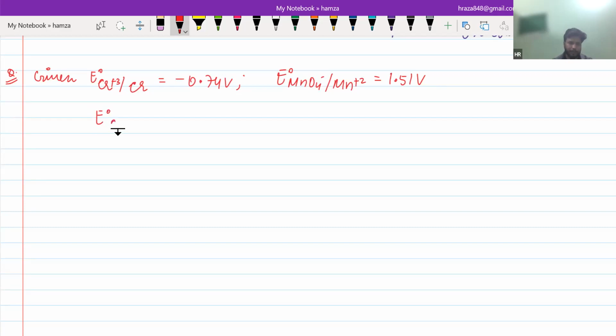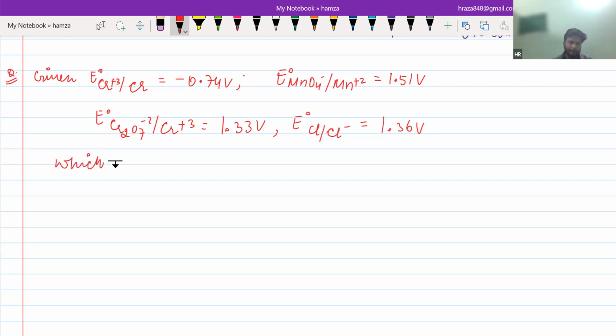Again, E naught Cr2O7 minus 2/Cr+3 is equal to 1.33 volt. Again, E naught Cl2/Cl minus is equal to 1.36 volt.